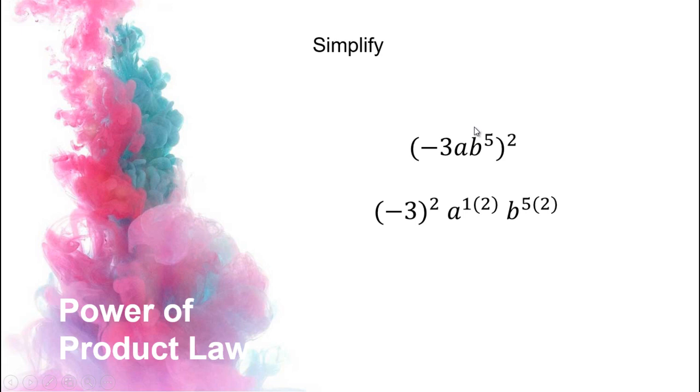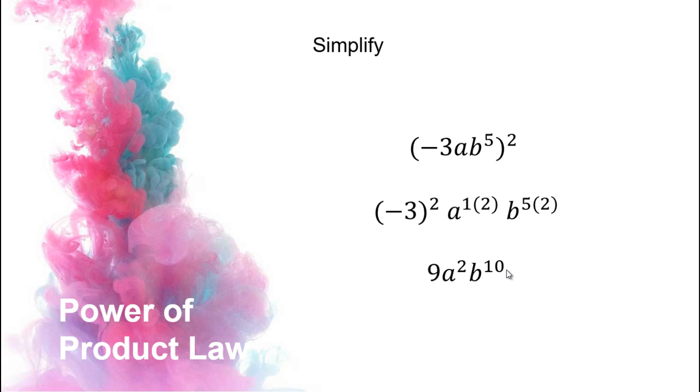Then for a, the exponent is 1, so 1 times 2. Then for b, 5 times 2. So negative 3 squared is negative 3 times negative 3, that is positive 9. Then a squared, b to the power of 5 times 2 is 10. So, that is your final answer.